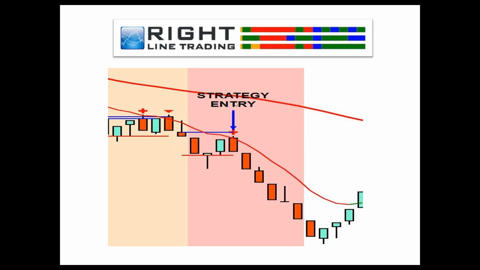There are three kinds of entries that the analyzer looks for. It looks for a strategy entry, which is an X. That's a multi-time frame entry. The X, or the strategy entry, utilizes a multi-time frame analysis of price action and market structure.